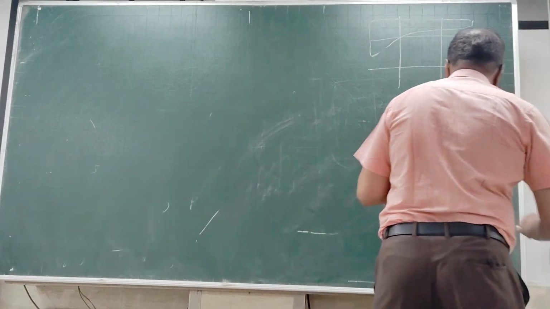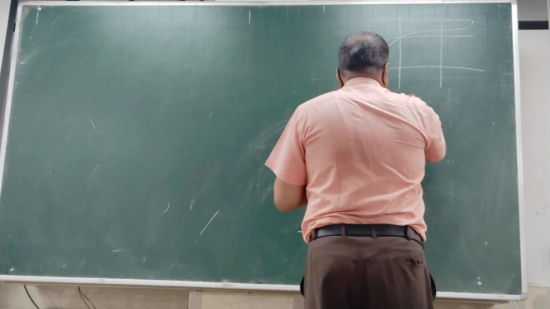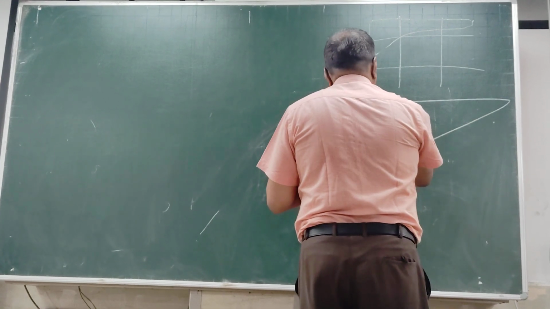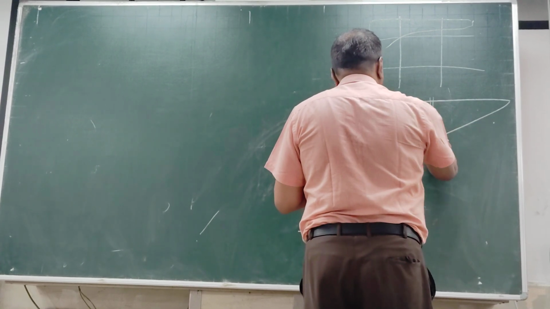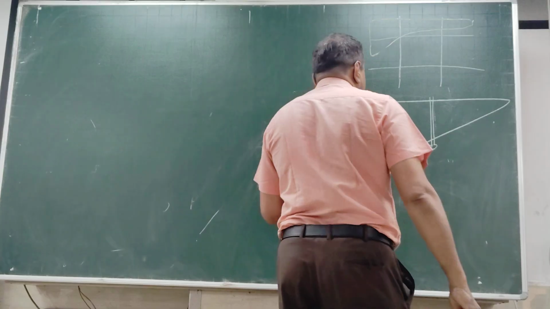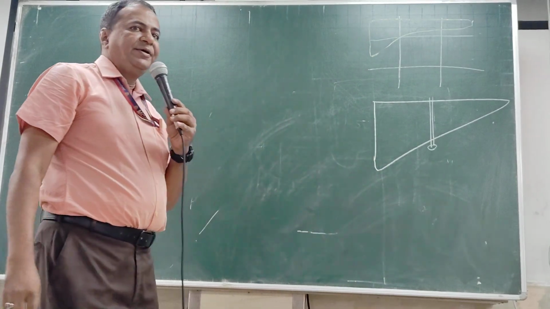The liver is divided into right and the left lobe by falciform ligament anteriorly.